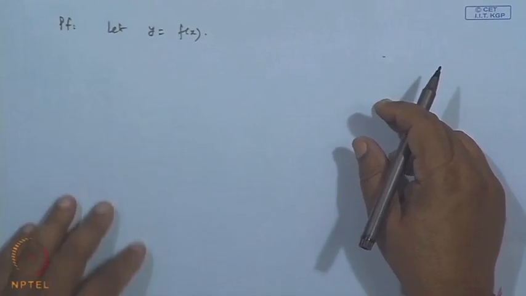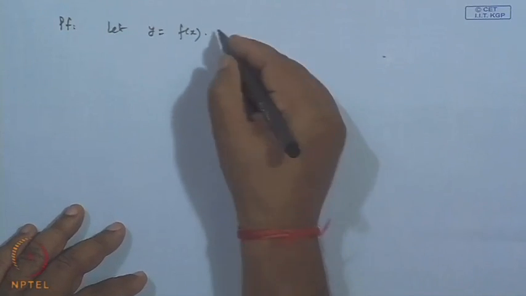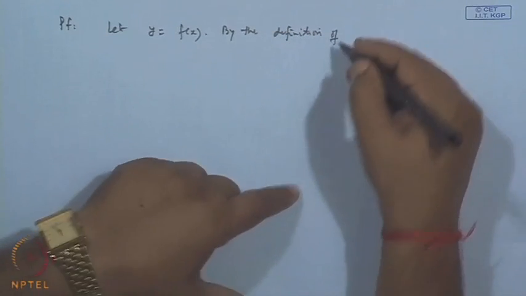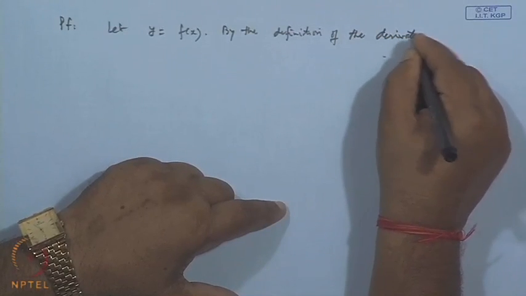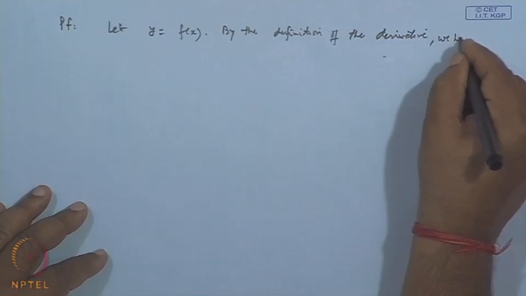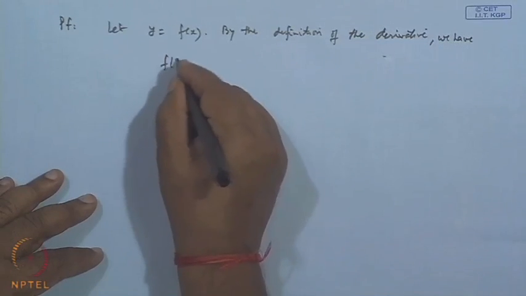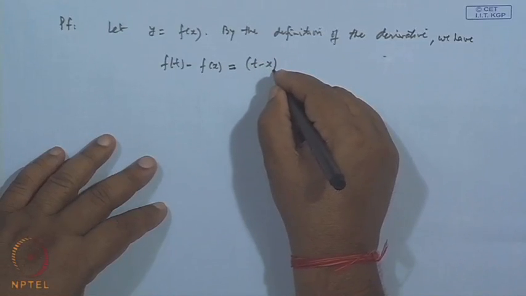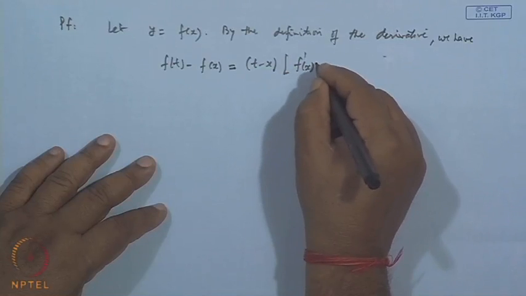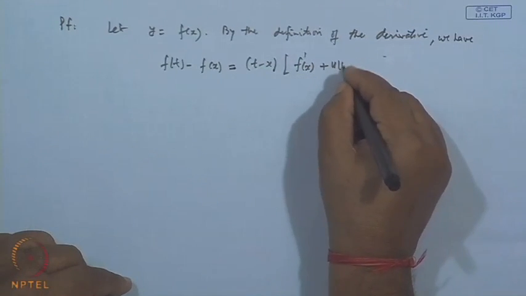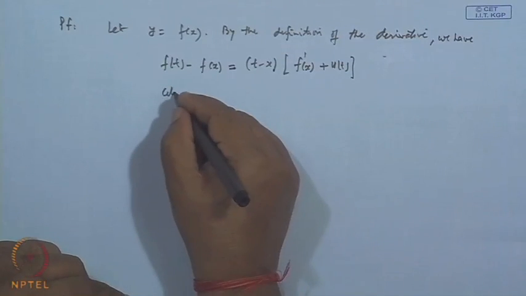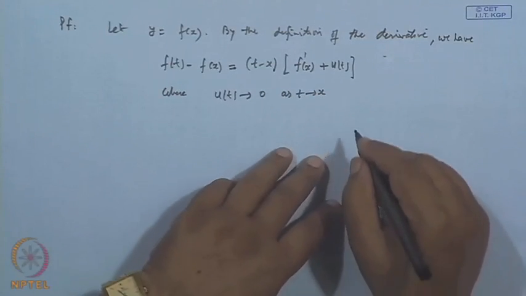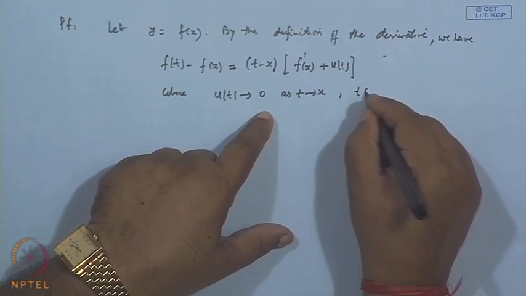So, by the definition of the derivative, we have f of t minus f of x equals t minus x times f prime of x plus u of t, where u of t tends to 0 as t tends to x, and t belongs to [a, b].